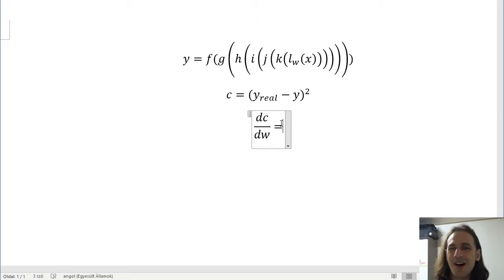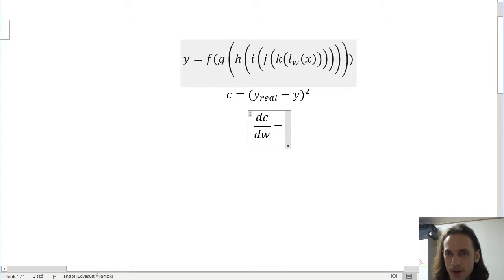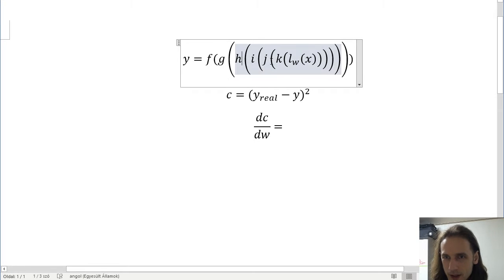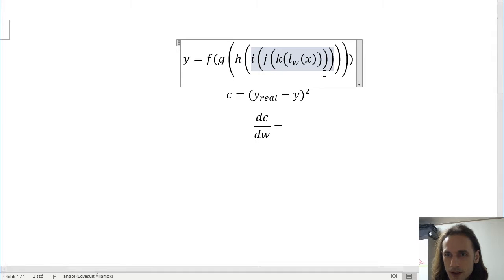Here we have this neat trick. Let's just simplify this one. Okay, anyway, let's just delete this whole thing.